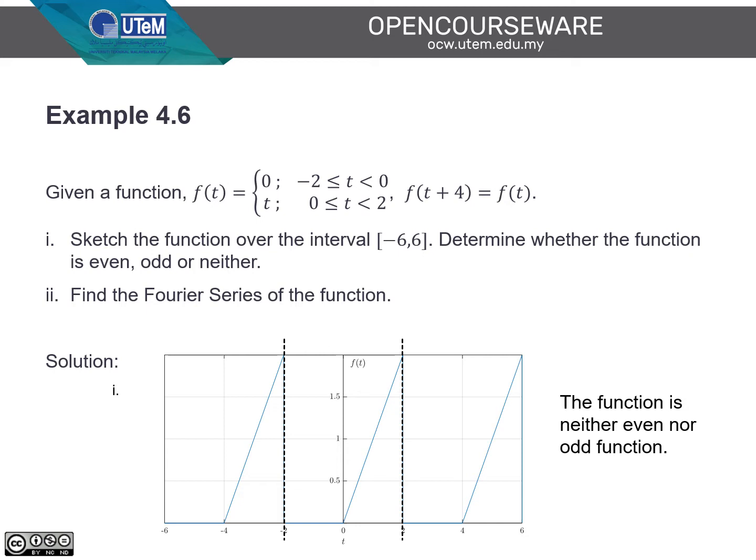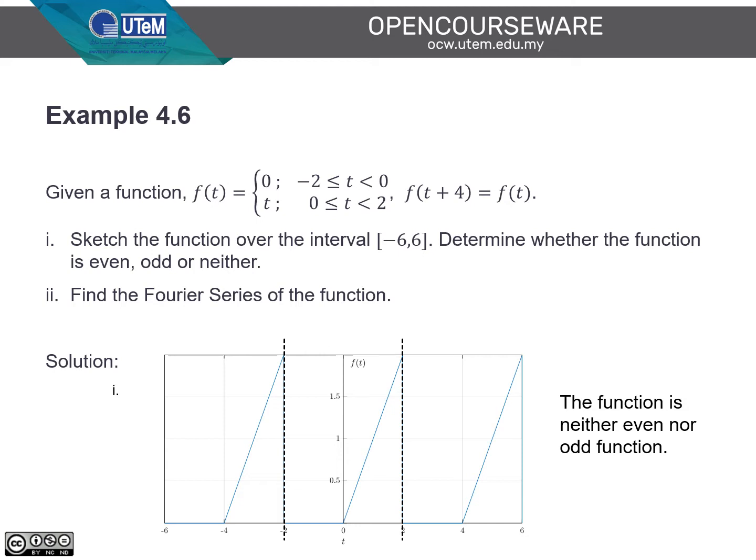This is the sketch of the function f(t) over the interval -6 to 6. From t equals -2 to t equals 0, the function is 0.